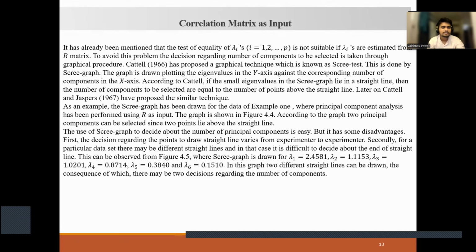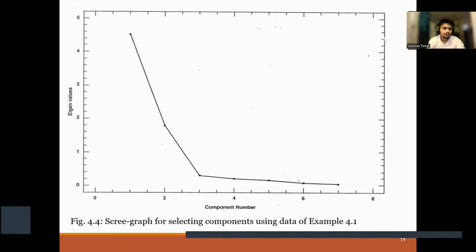Now, the scree plot is a graphical method. Eigenvalues are plotted against the component number. These are the eigenvalues and these are the component numbers. The plot shows a decreasing trend. Look for the elbow point. This is nothing but our elbow point.